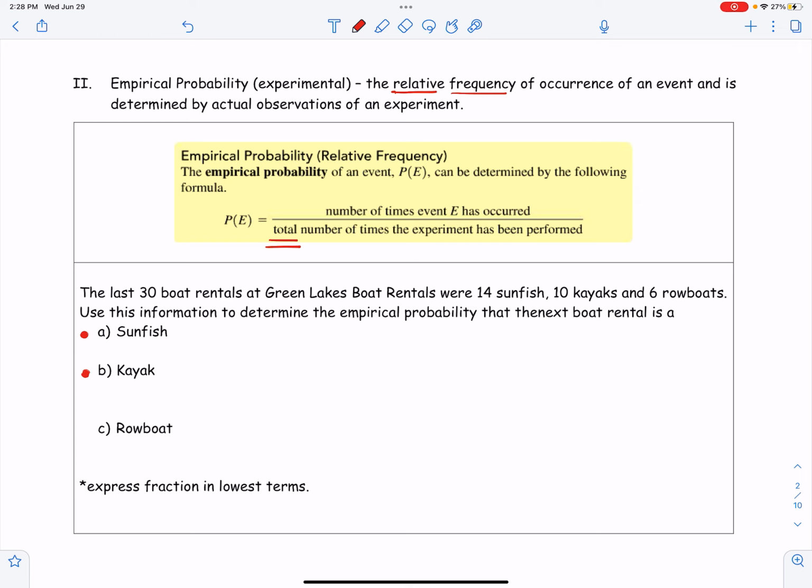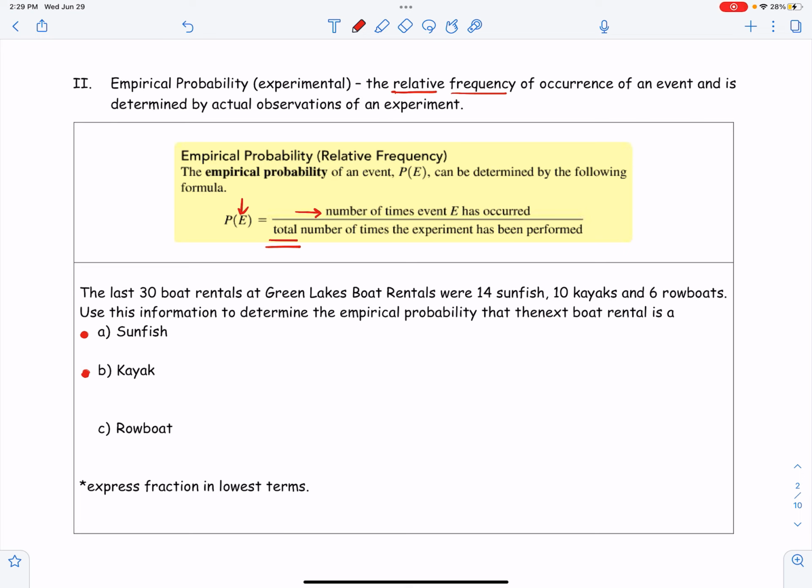That might be the total number of people included in your study, it might be the total number of boats in this case, but you're always going to need to know the total, because the way you calculate a probability is you take the number of times the particular event can occur or has occurred, and then you just divide that by the total. So, anytime I'm looking for a probability, the first thing I do is make sure I understand what my total is.